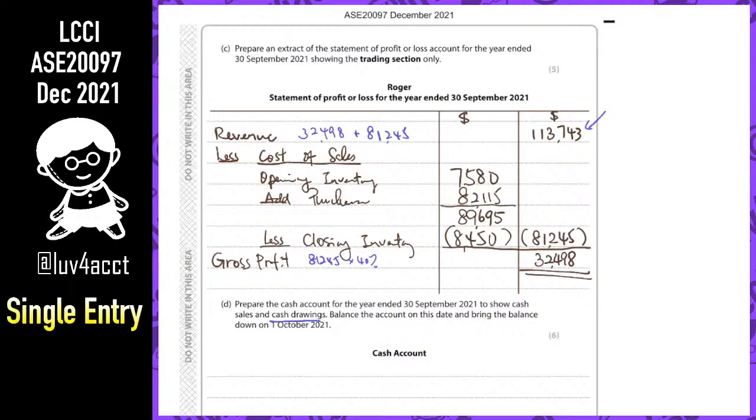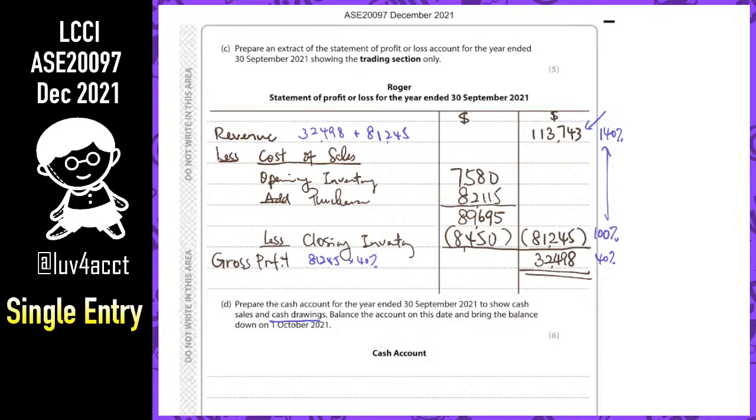If we have the base, mark up on cost, that means the base is cost of sales, with 40% being the gross profit. That means the sales revenue will be 140% of your cost of sales.